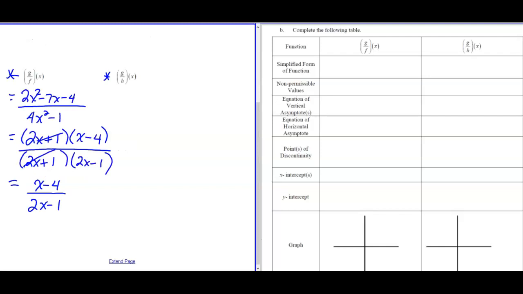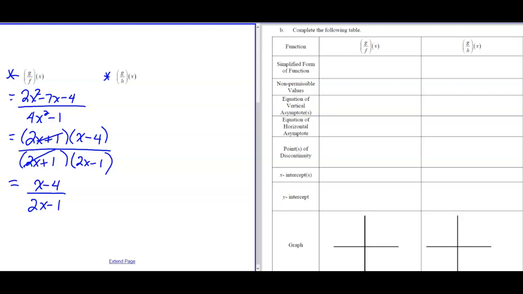Okay, so you factor, divide out, there's a common factor of 2x plus 1. So that's the simplified form. Remember, if it's a linear over a linear, you could use division and get that into a transformation form of 1 over x. We're just going to leave it because we're going to be able to find these properties and graph it without. Okay, so let's fill in this first column, okay, underneath.